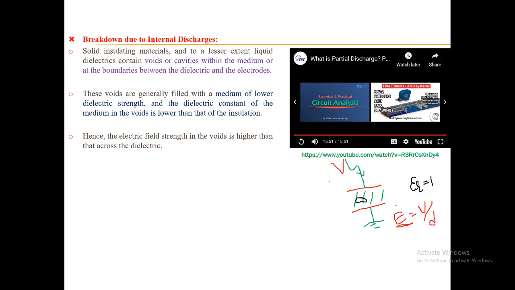The value of this electric field intensity, the magnitude of this potential gradient, normally depends upon the thickness of the given dielectric material. So here you can see it's a narrow crack.